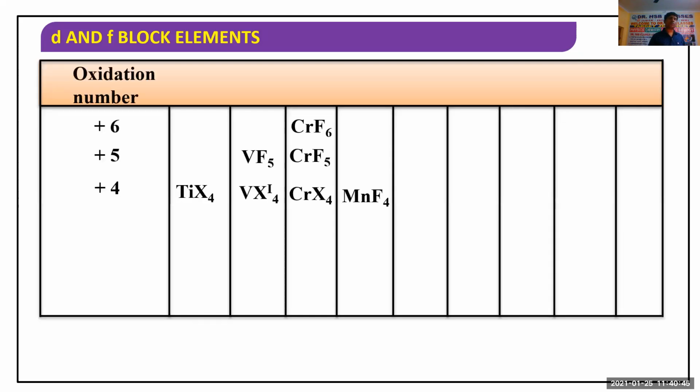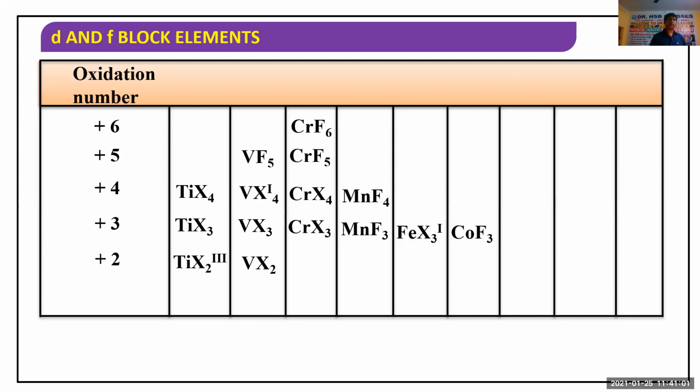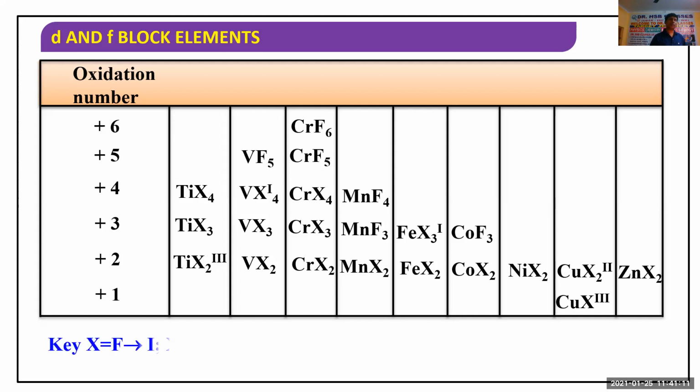Now this is the oxidation state. In the first class, we already learned about the oxidation states, and we already calculated the number of possible oxidation states for d block elements. This is an example of compounds which may form plus 3, plus 5, plus 4, plus 2, plus 1, like this.